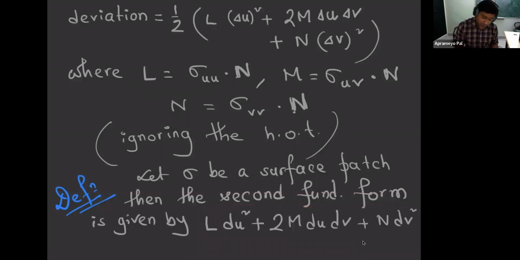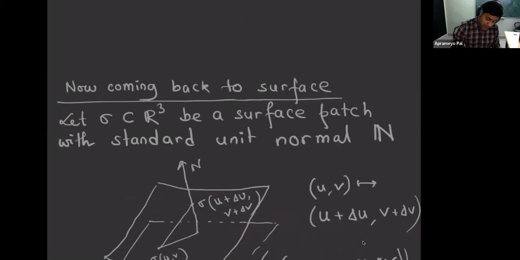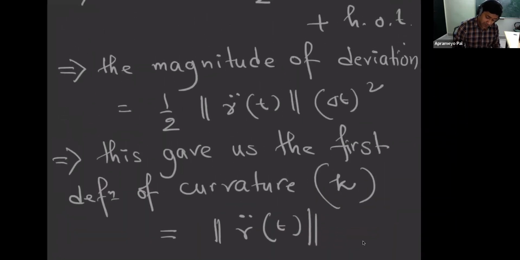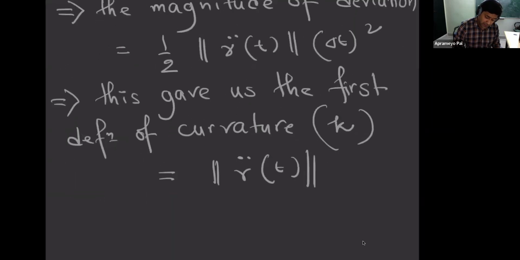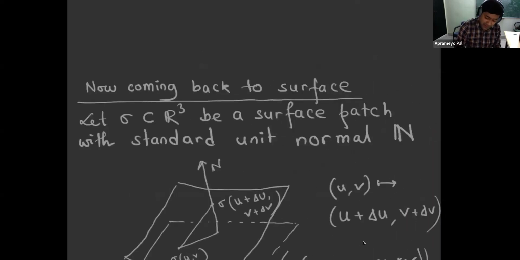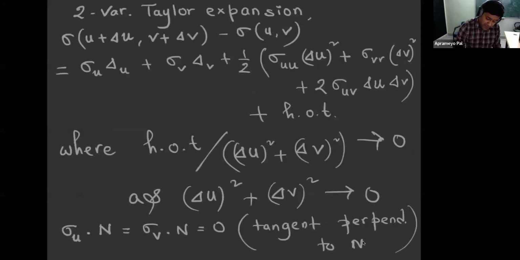Yeah. And now, let me again go back. If you see the curve definition, this guy was the curvature, right? So it was exactly similar, half the curvature times delta t square. And that's exactly what is happening here.